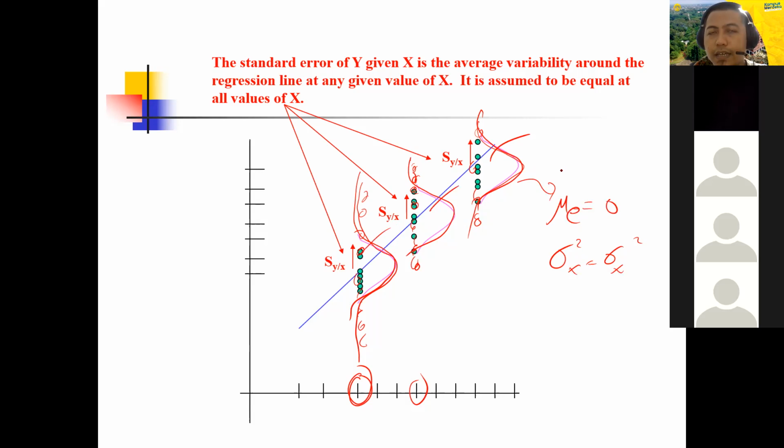It's a simplification assumption, but it is realistic also, no problem. Okay, are there any questions? I hope it can be understood.